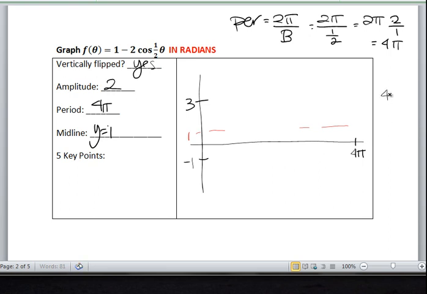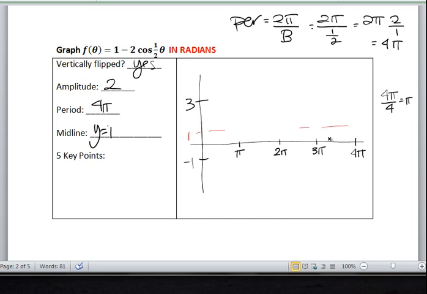And if we look at 4 pi divided by 4, then a quarter of the period is pi. And that's actually really nice to count by, right? Because 0 plus pi is pi. Pi plus another pi is 2 pi. 2 pi plus another pi is 3 pi. You see that? So it's really nice to come up with our quadrantal angles.